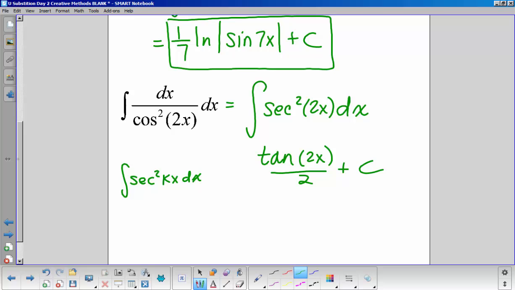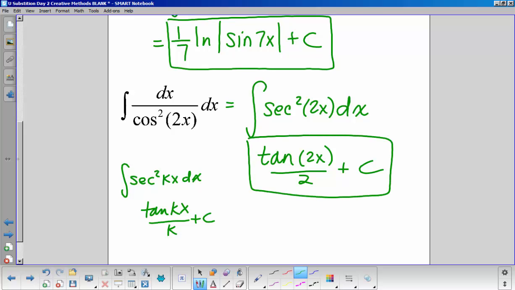So this would be tan kx over k plus c. And like e to the 2x, the antiderivative is e to the 2x over 2 plus c. You have to be pretty quick at that, but that would be the answer to that one. So it was a nice one in disguise.